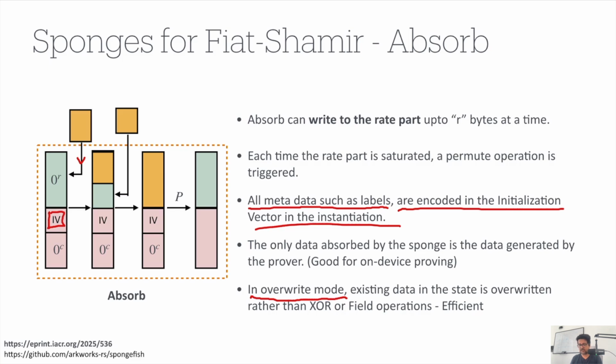It simply overwrites them, and this is shown to be secure in this paper. The overwrite mode is also efficient, because you don't need to do unnecessary XOR operations. And anyway, you have no control over the full state of the hash. You can only read or write with the rate part, so it does not affect the security if you keep a sufficiently large capacity part of the hash.